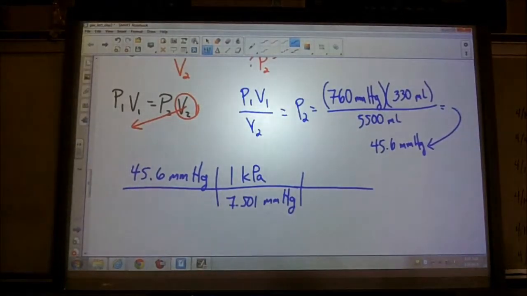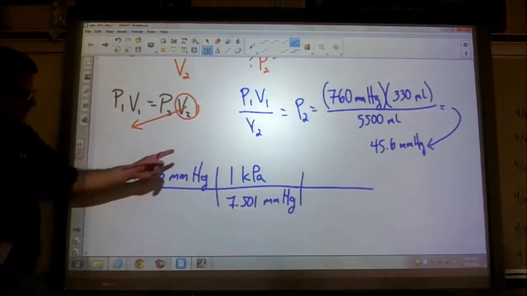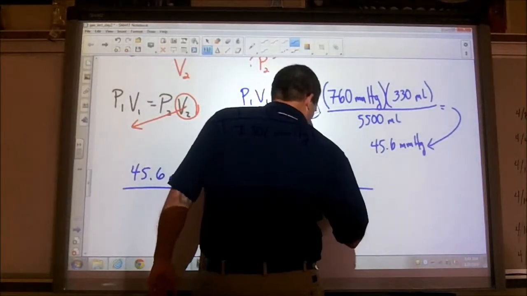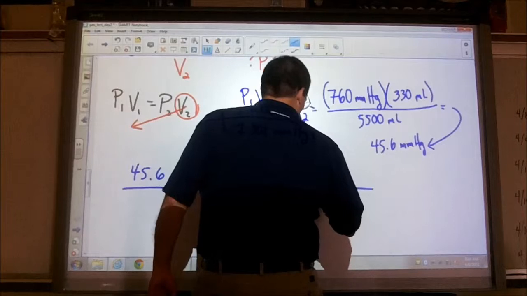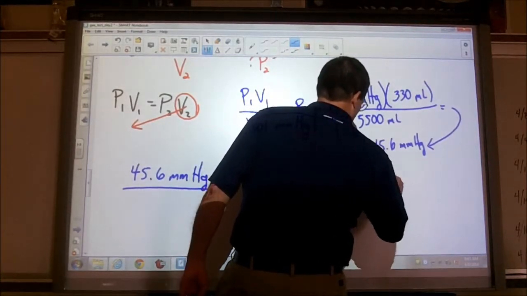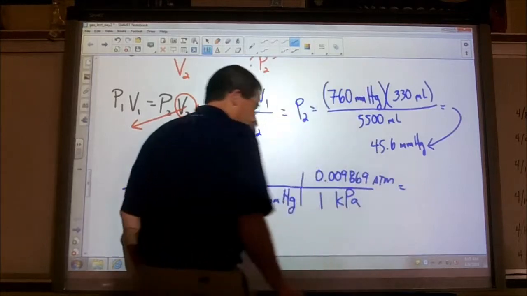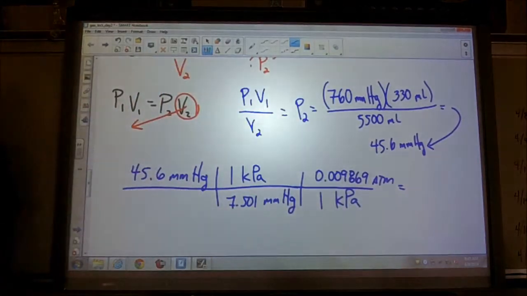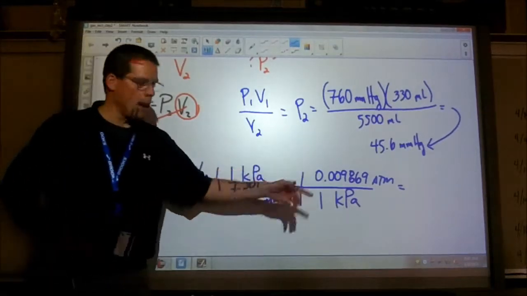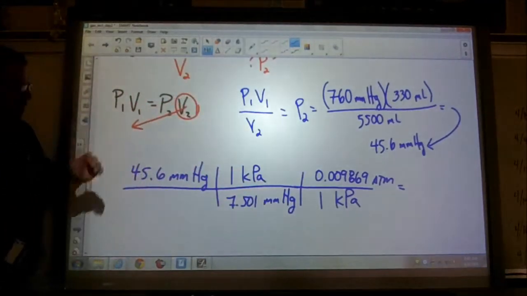Oh my God, I'm drawing a blank. What is that? A conversion. There we go. I can't even think of it. So 0.009869. That's what happens when you get old. Don't get old, guys. Okay. And if you wanted to use the 101.325 kilopascals for 1 atmosphere, fantastic, that's fine.